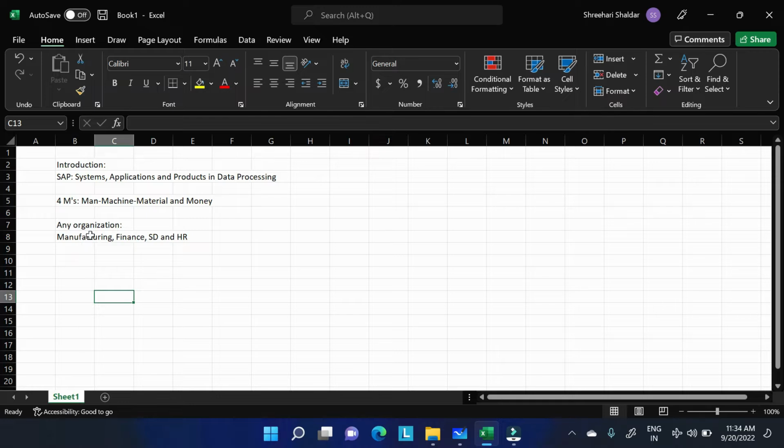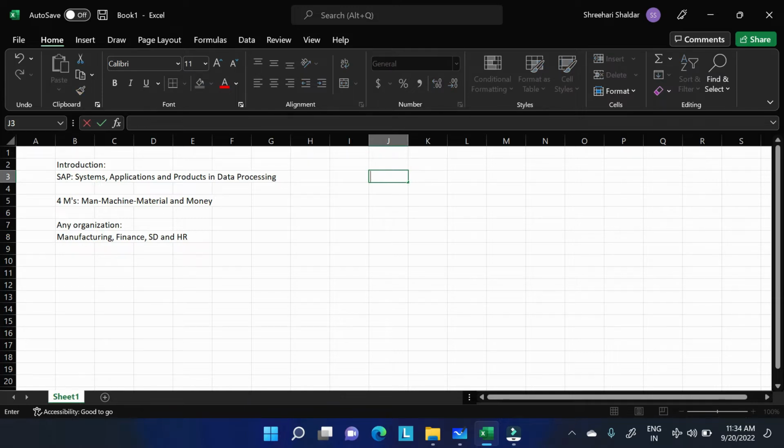We need to integrate these divisions in one way or another, so that our business works very smoothly. Basically, all systems have 3 different layers within them.